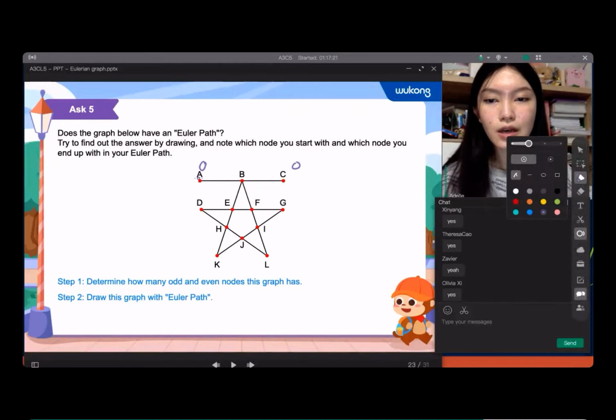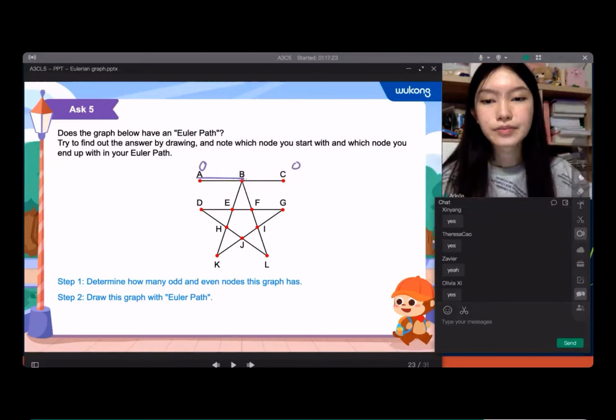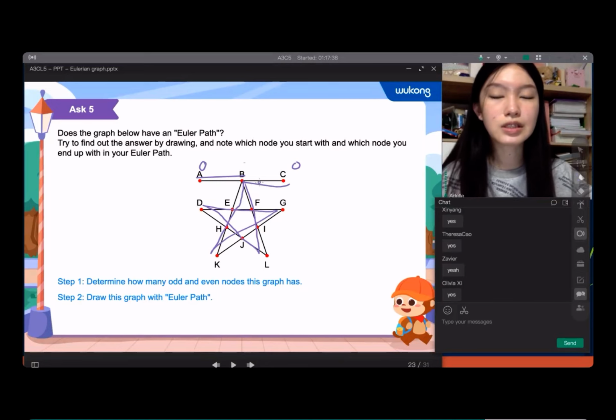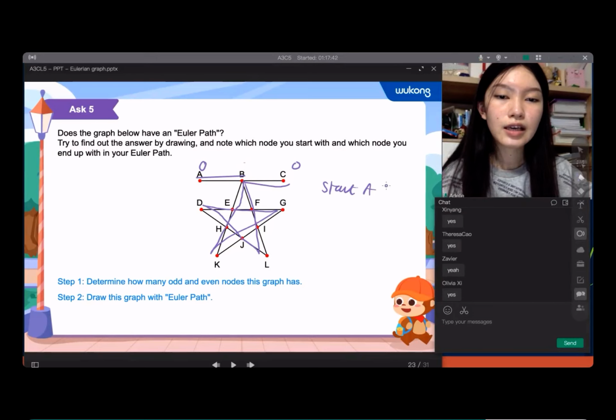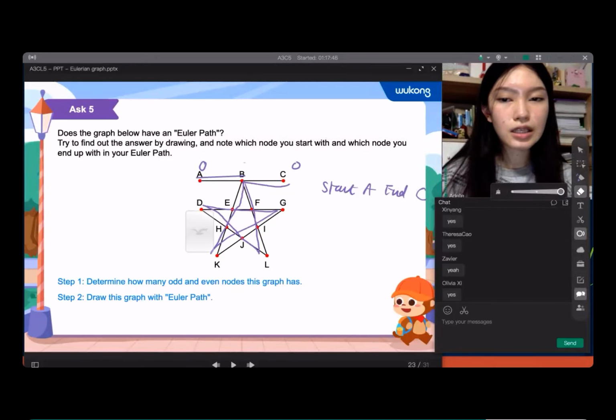Okay, so I'm going to start with A. And then just form a line. Okay, now let's go down, up, cross, down, up, and we ended up with C. So we can start with A and then end with C. Or actually, let's give it a try.